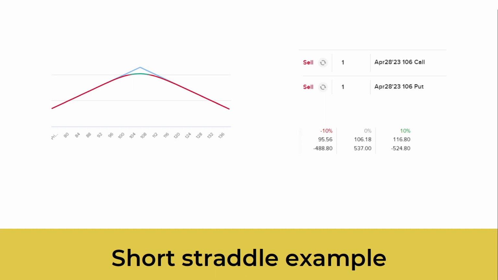So in general, for short straddles, I don't ever recommend using them, even if you think that price is going to stay in the same spot. That downside risk is too great since you're selling naked options, a naked call and a naked put.